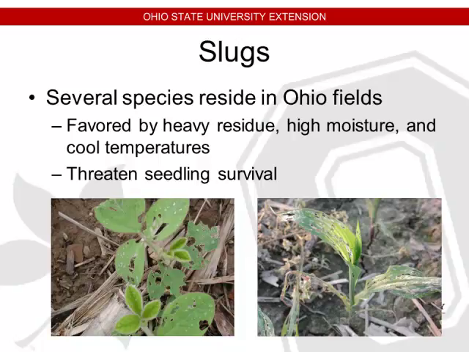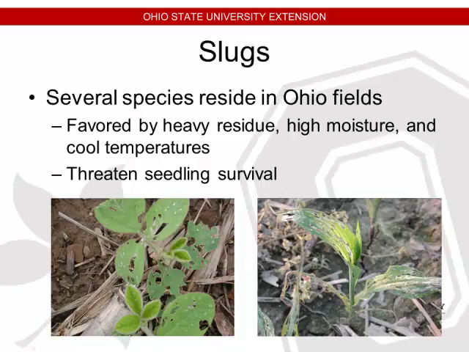Now, once again, this is going to be highly favored by the cool, moist conditions that can be associated with cover crop plus no-till and a slow growth of seedlings. The slower seedlings are growing in those scenarios, the more easily they can be highly damaged by slugs.